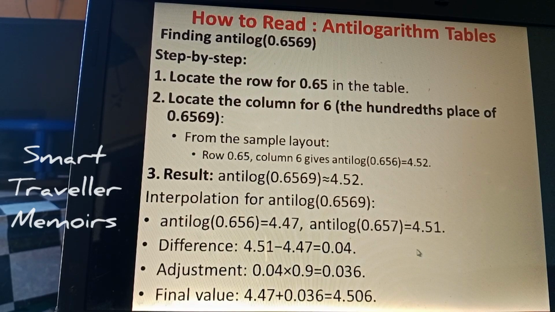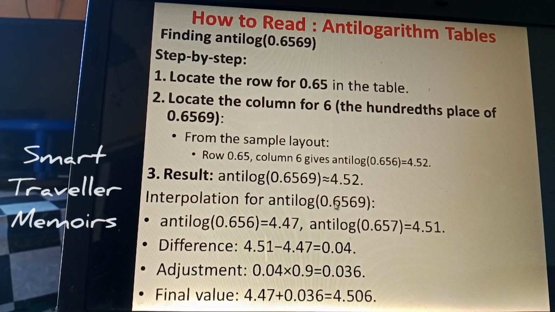Find antilog of 0.6569. Locate the row for 0.65 in the table. Locate the column for 6 in the hundredths place of 0.6569. From the sample layout, you get row 0.65, value 6 gives antilog 0.656 equals 4.52, and the result is approximately 4.52.